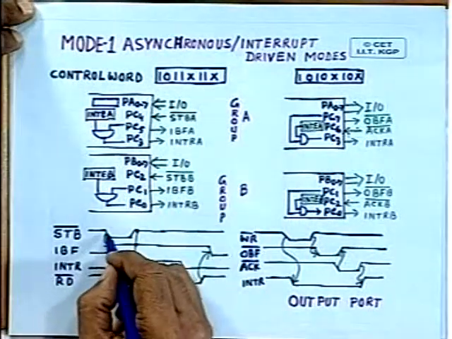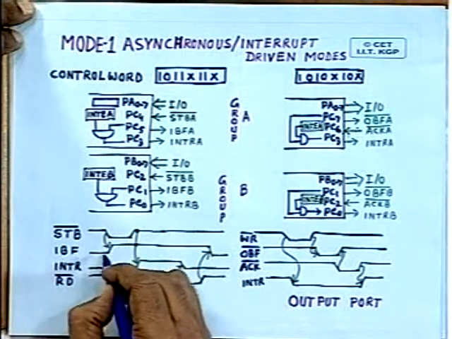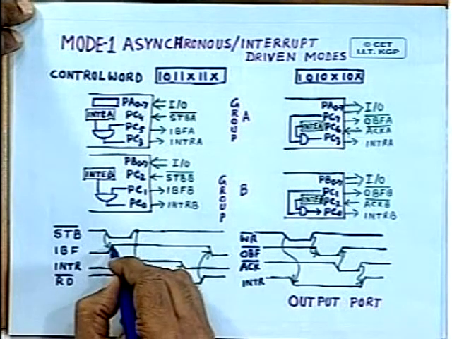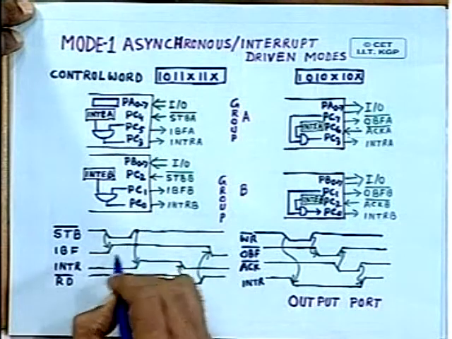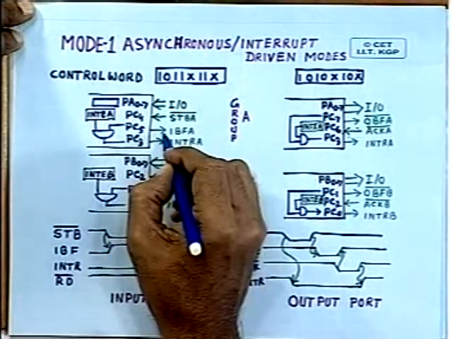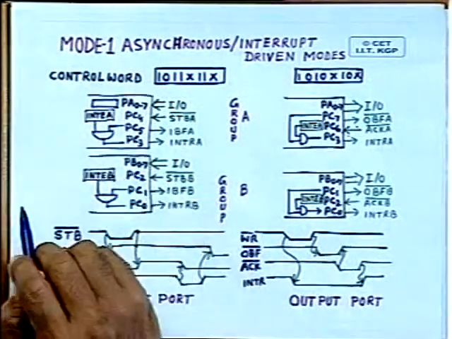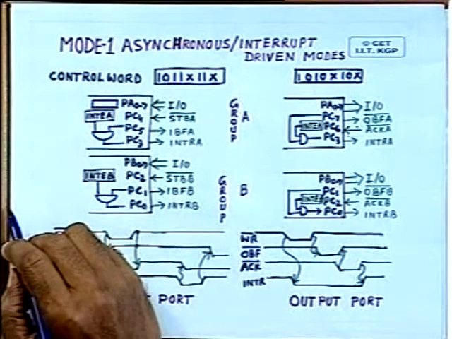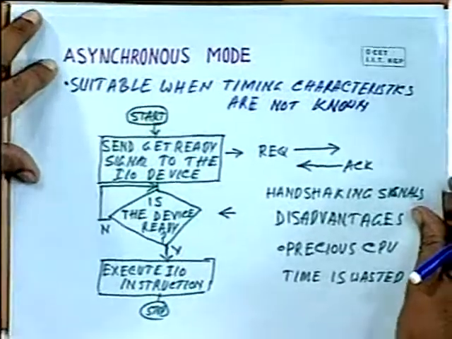As you can see here, as you latch data with the help of this signal, it immediately makes the input buffer full line high. So the input buffer full line will go high, and then by looking at this bit, the microprocessor can keep on reading this bit. You may remember we had discussed the asynchronous mode of operation.